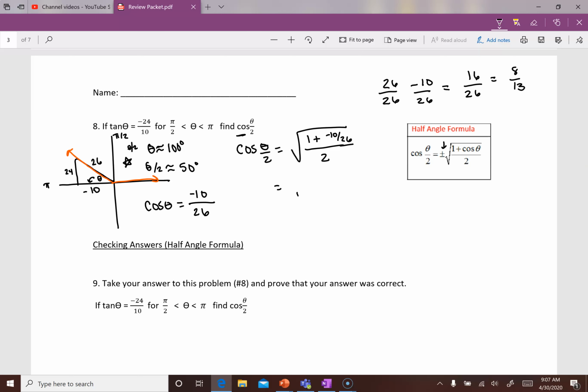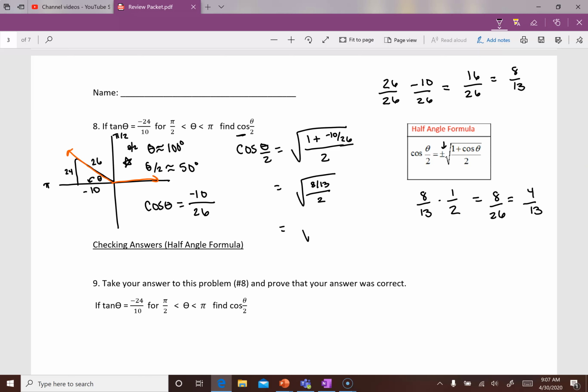So this is going to give me the square root of 8 over 13 divided by 2. Well, what is 8 over 13 divided by 2? That's going to be 8 over 13 times a half, and that's going to give me 8 over 26. And 8 over 26 can be divided by 2 for both numerator and denominator, and that gives me 4 over 13.